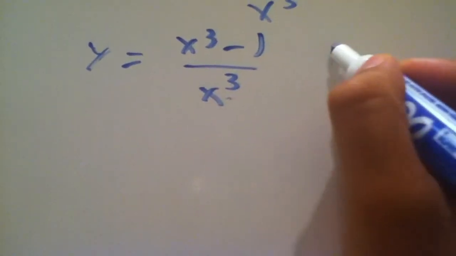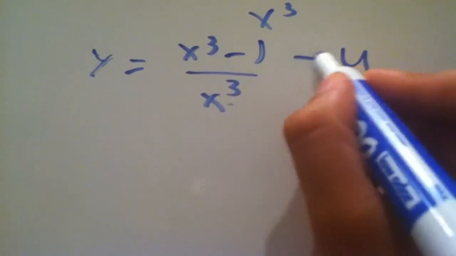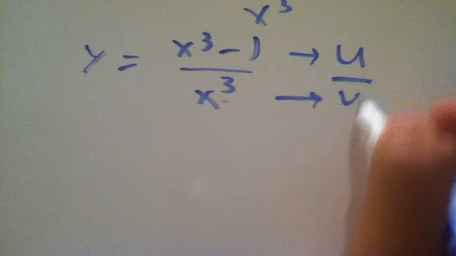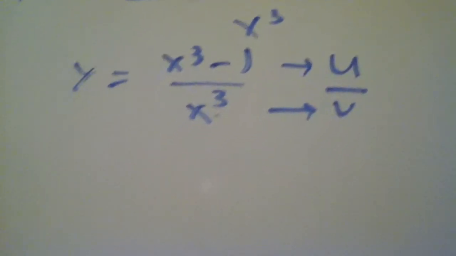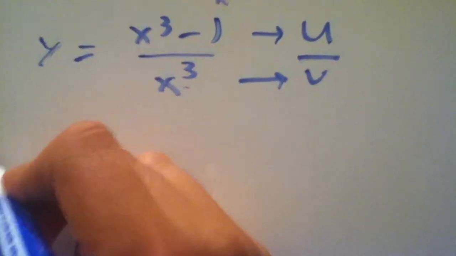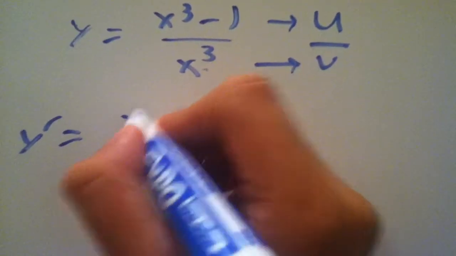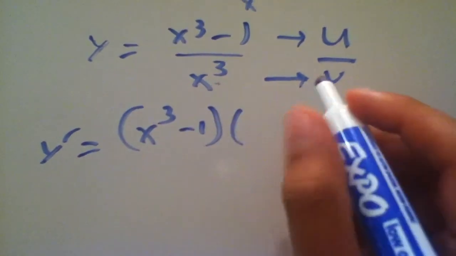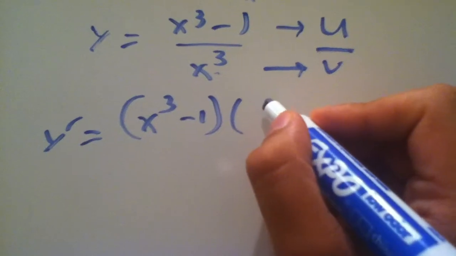And now we label this top part u and this bottom part v, so it's just u over v. So y prime is equal to v times the derivative of u.